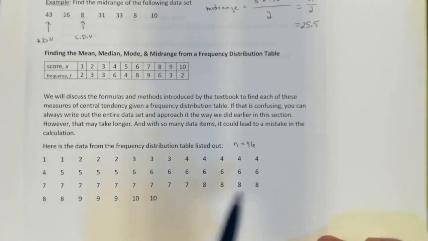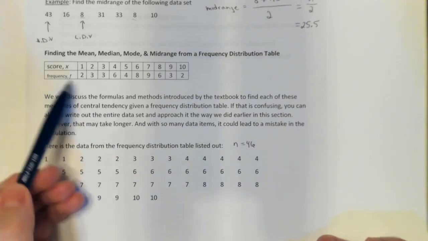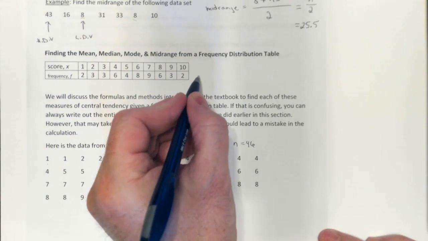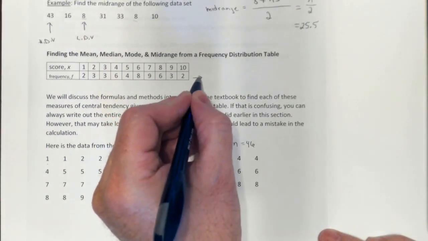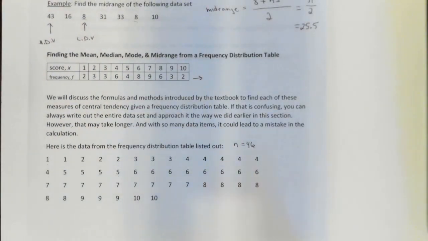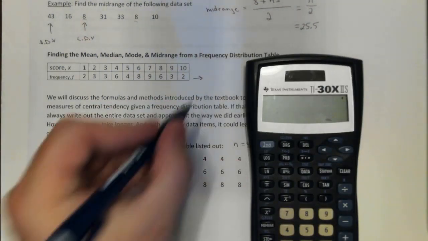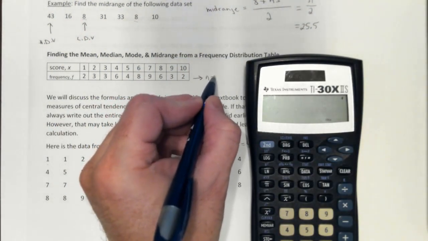But what if I didn't want to write it out? Because I will be using my table. So how could I find n without writing out all the data items? The secret is to add up the frequencies. So you add up all the frequencies to get n. So we know n is 46.